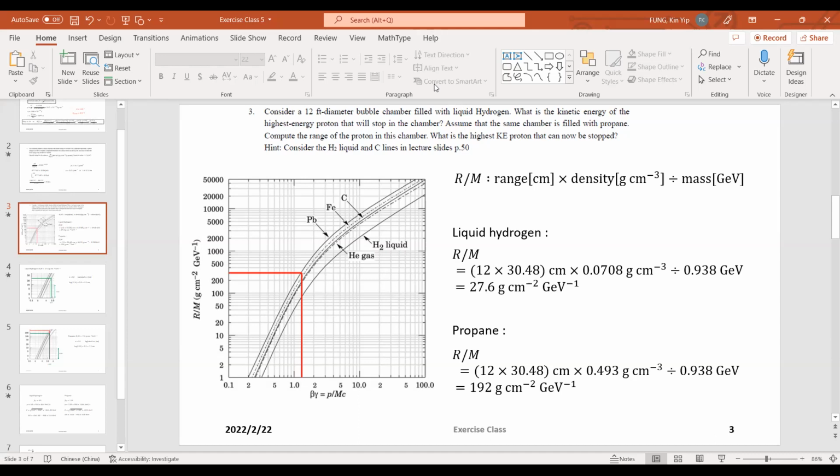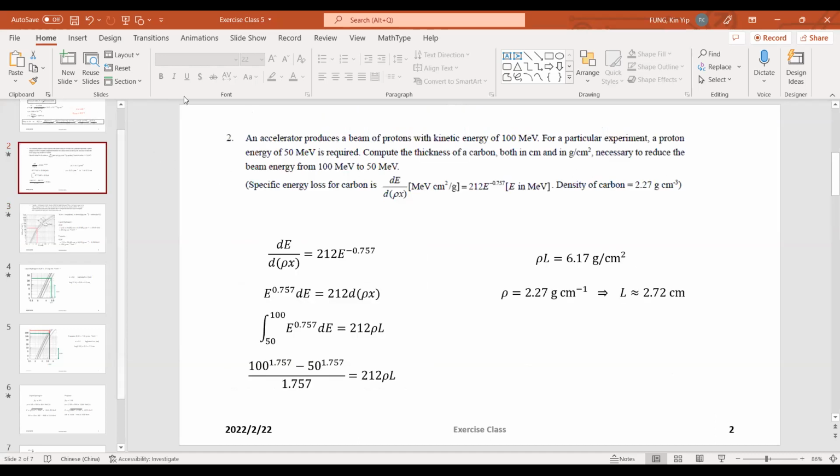Just one more thing. In the second question, we have the energy loss rate. Why is it a power law? Do we have any reason? In physical intuition, why is it a power law in the energy?